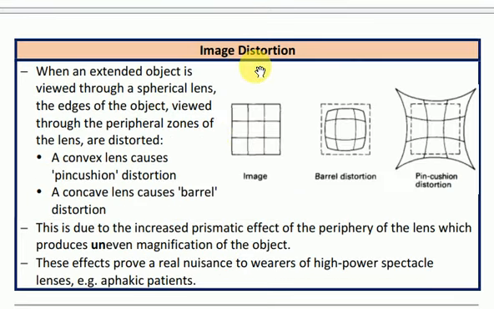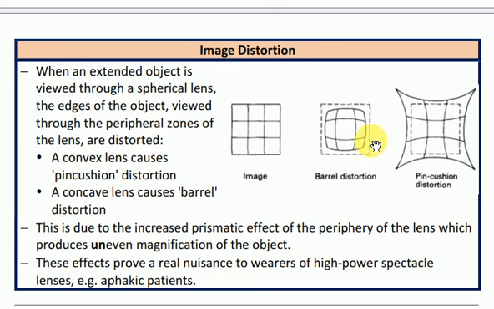Image distortion. When an extended object is viewed through a spherical lens, the edges of the object viewed through the peripheral zone of the lens are distorted. This is due to the increased prismatic effect of the periphery of the lens, which produces uneven magnification of the object.